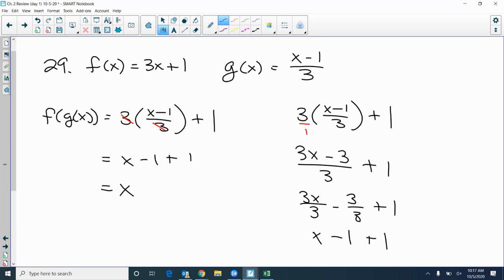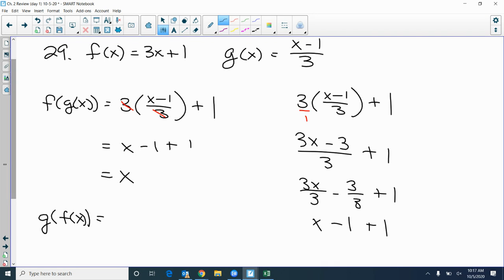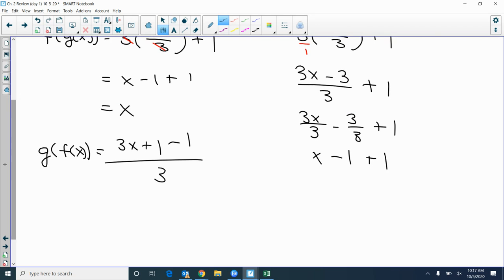And now, what is g of f of x? Let's take a look at that. G of f of x, that x comes out. You get 3x plus 1. This minus 1 is still in that numerator, all over 3. We'll simplify the numerator. Plus 1 minus 1 is 0.